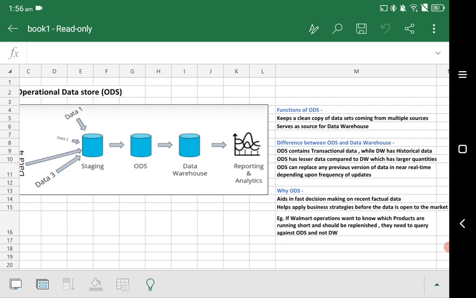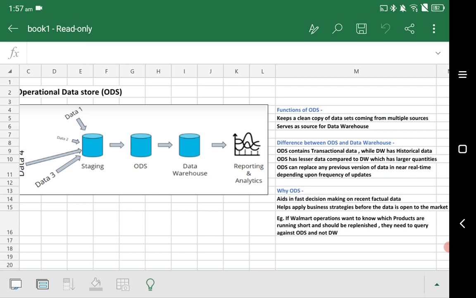Now, if Walmart has to really understand which of its products is getting short in quantity and it needs to be replenished, it cannot really do the assessment on data warehousing because the data is huge and it would not provide a real-time information because it contains historical data.